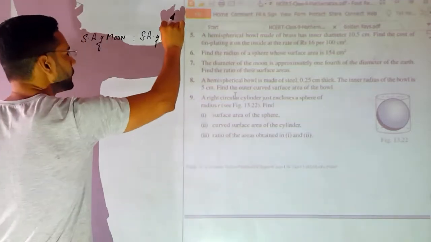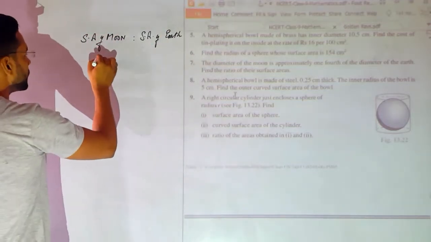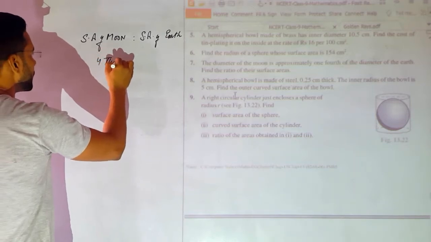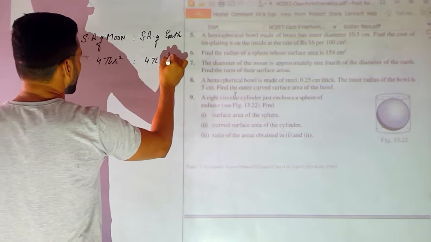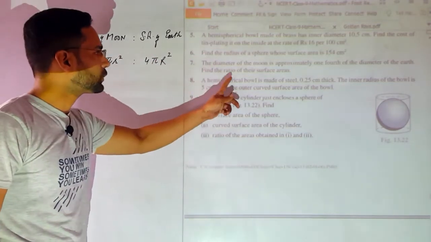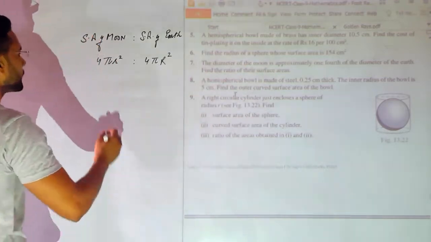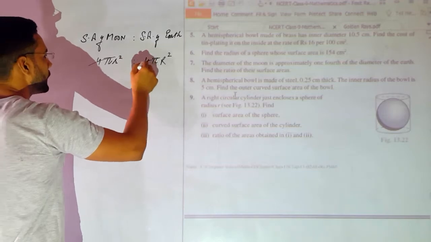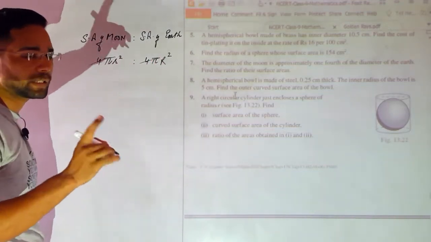Moon is 4 pi r square and Earth is 4 pi r square. Find the ratio of their surface area. First is moon, second is Earth. 4 pi cancels out, and r square, 1/4 is there.